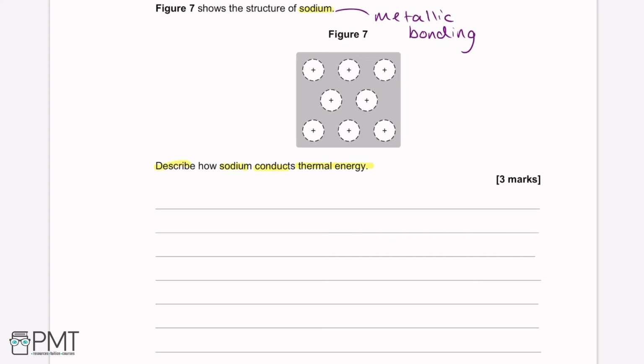And this is the reason why sodium can conduct thermal energy. So the first point I'm going to make in my answer is that in metallic bonding, there are delocalized electrons. And these come from the outer shells of the atoms. When we go from atom to positive metal ion, we lose an electron. So that's my first point.